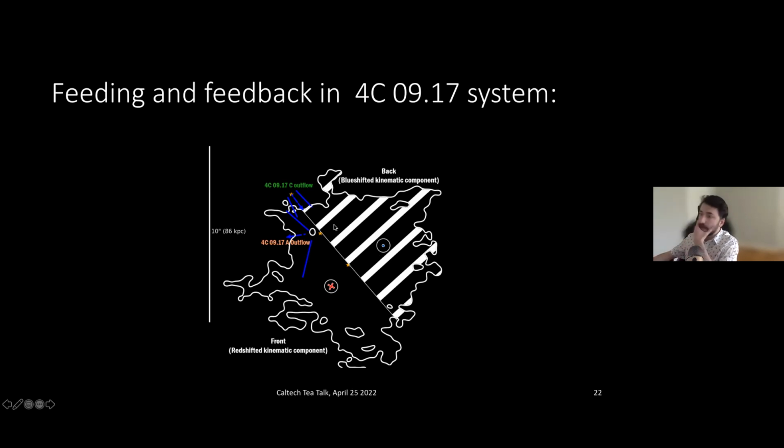And so I guess what I'm trying to highlight here is that these systems are very complicated, and there's ongoing mergers, feedback likely from the supermassive black hole. We think that's what most likely drives these outflows in these systems. We don't think star formation alone can do it. And then you also have inflowing gas from the circumgalactic medium happening all at the same time.